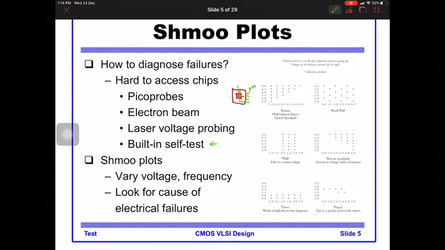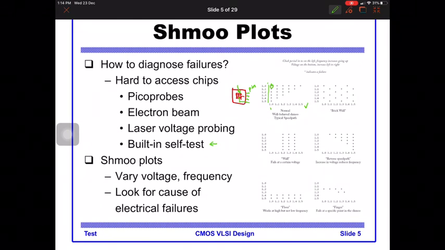For example, here you have different voltages from 1 to 1.5 volts, and you can see where the chip fails. The dots show that the chip is failing, and that means there will be no correct output.